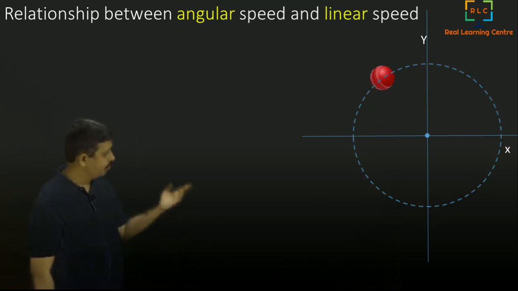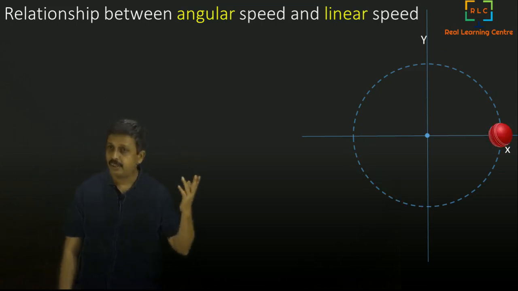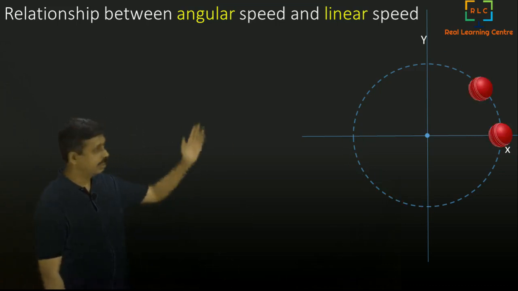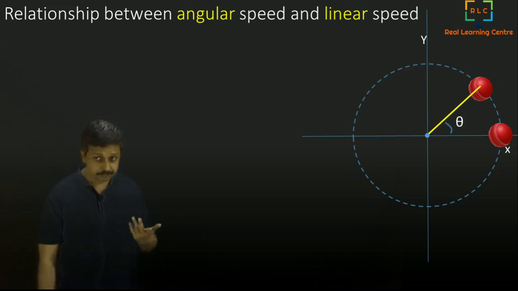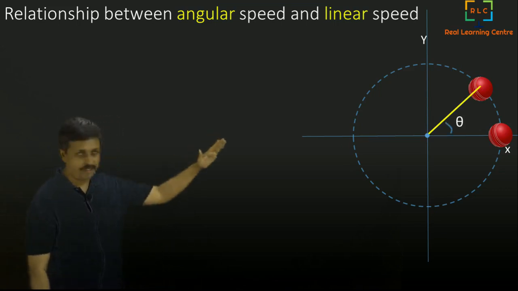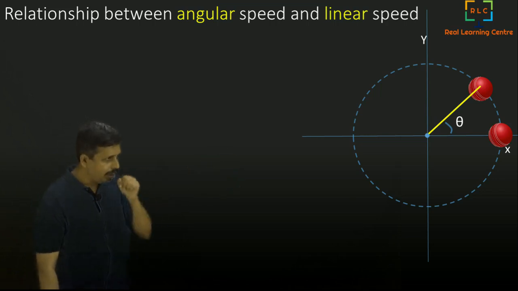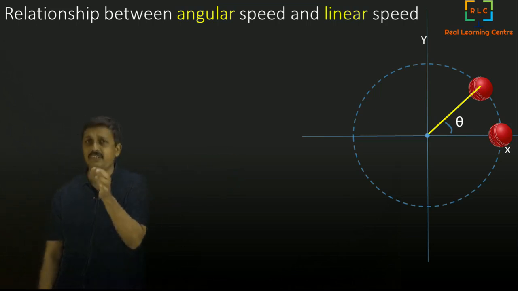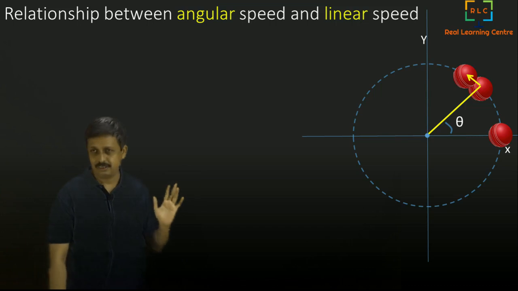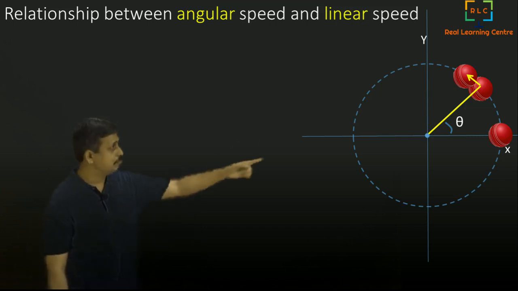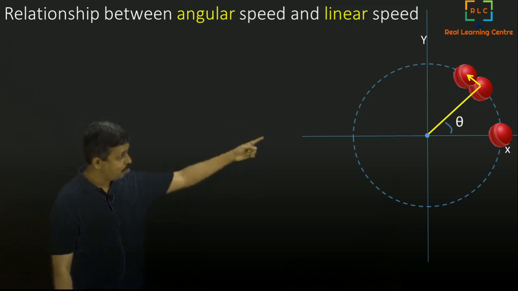Let's see. We stop it here, and again let's say move it a little bit, and this angle is theta. At this position, after a small amount of time from here, which we generally call delta t, it has moved a little bit. You can see that small arrow.